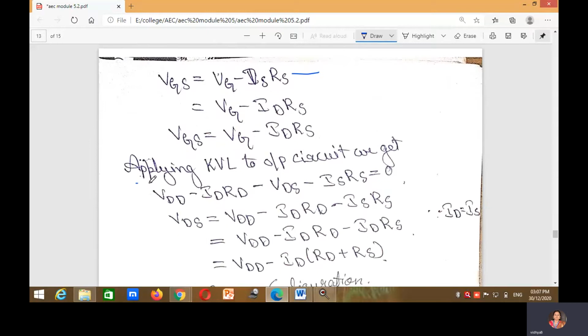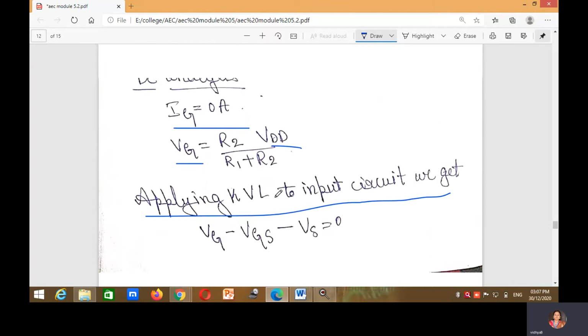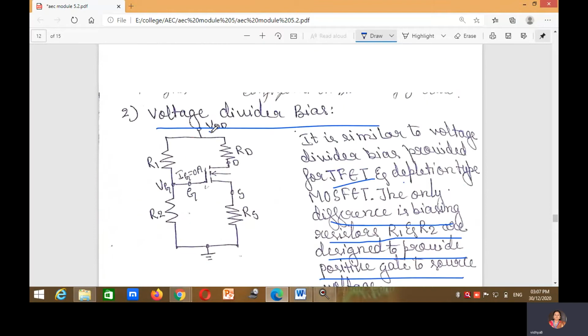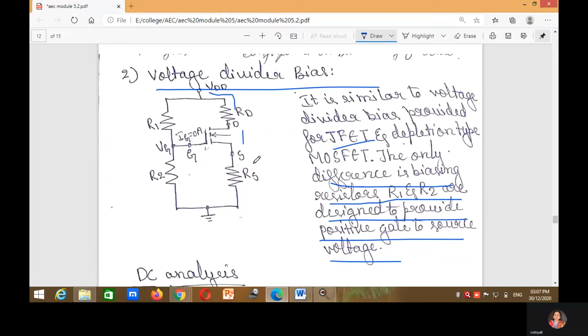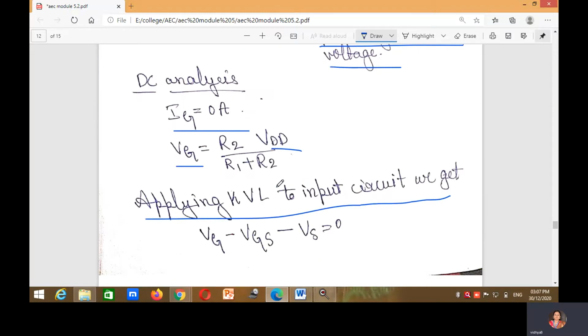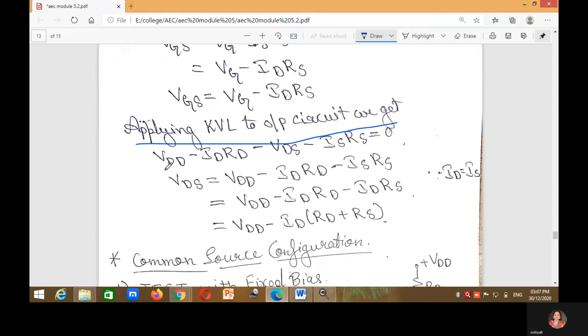Next, apply KVL to the output circuit. When you apply it on the output side, you get VDD minus ID into RD minus VDS minus IS into RS equal to 0. So VDS is equal to VDD minus IDRD minus IS into RS.